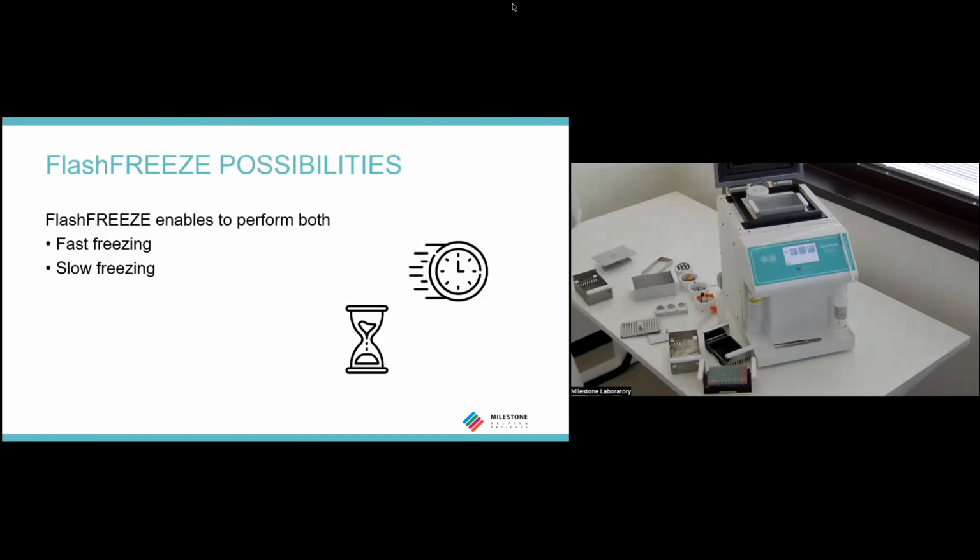So, Flash Freeze can be used in two different modalities: setting up the working area at -80 degrees and inserting the sample directly at this low temperature for a fast freezing, or setting up a constant and slow freezing rate.